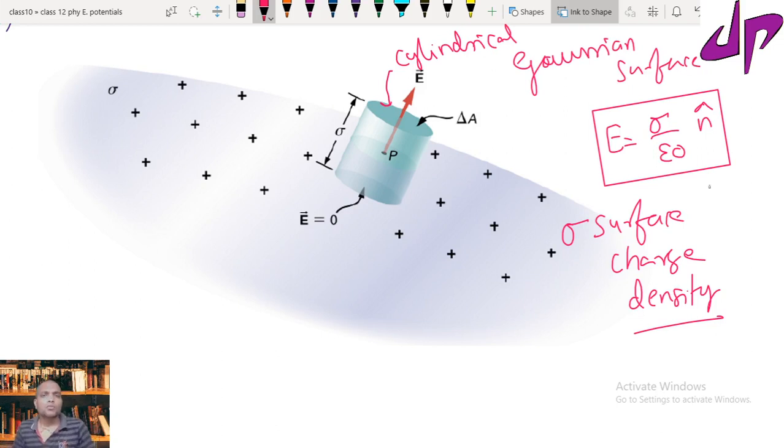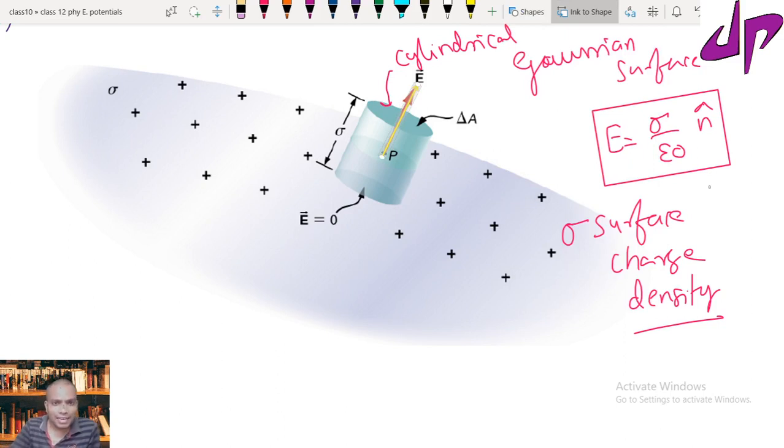Take the situation just like a cloud. A positively charged cloud is there, and you kept a cylindrical Gaussian surface, an open cylinder on two sides, immersed in the cloud. Since it's a positive charge, the electric field lines pop up from the surface, and this is the direction of the electric field lines.